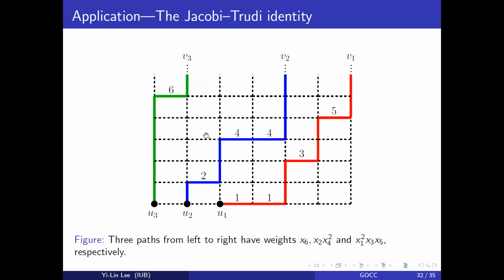There are 3 paths and they are non-intersecting. So the bijection is pretty straightforward. You see those labels, for example, for the red path 1135. So you just put those 4 numbers in the first row of the Young diagram. And 244 here, just put it in the second row of the Young diagram, and 6 here in the third row. And this gives you the corresponding semi-standard Young tableau.